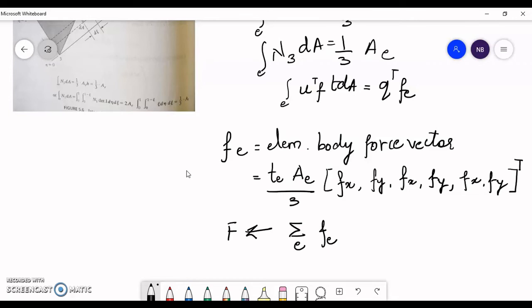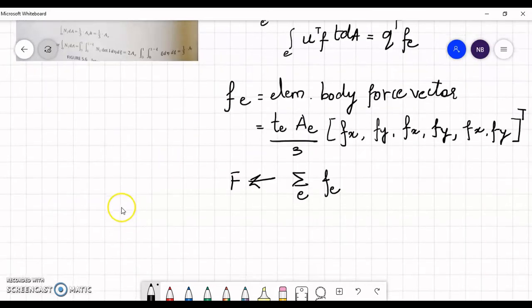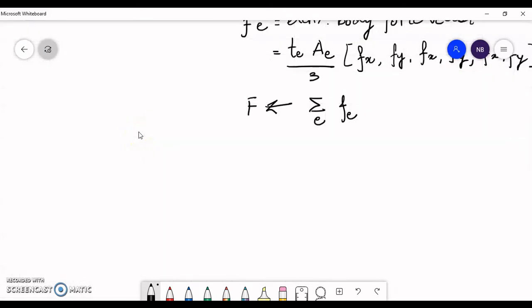In the same way, if there is a traction force, so this was for the body force, now let us talk about traction force. It is a distributed load which is acting on the surface of the body, and such a force acts on edges connecting boundary nodes.